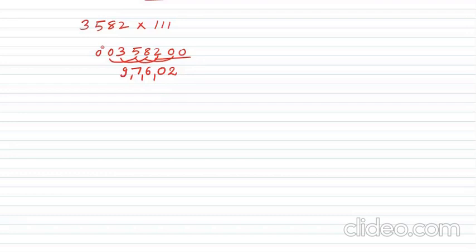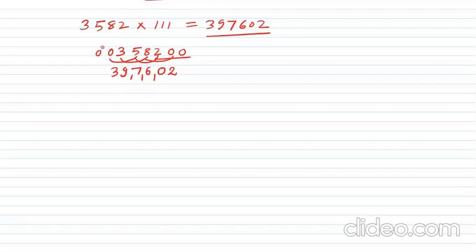And finally I have to add 0, 0 and 3, so what I will get is 3. So the product here is 3, 9, 7, 6, 0, 2. The point I want to highlight is that this carry over term that I am writing or explaining is for your convenience. It is not necessary that you write it. If you can do it mentally, you can manage without writing the carry over term as well.